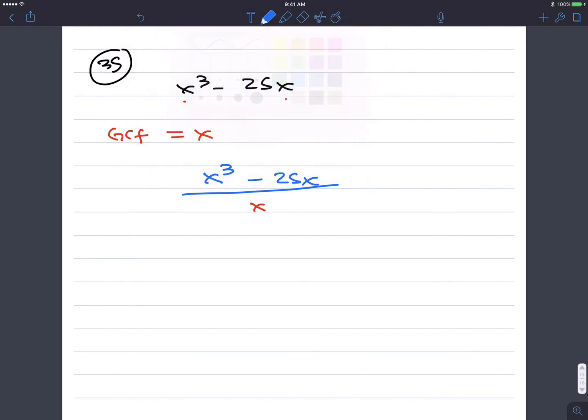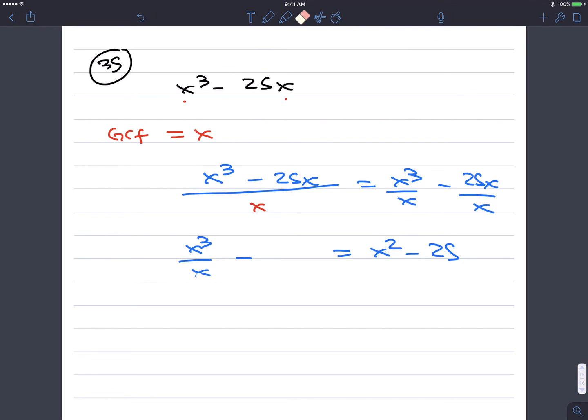We get x cubed over x minus 25x over x, and this gives you x squared minus 25. This here is the quotient.